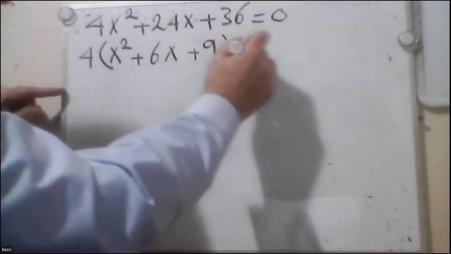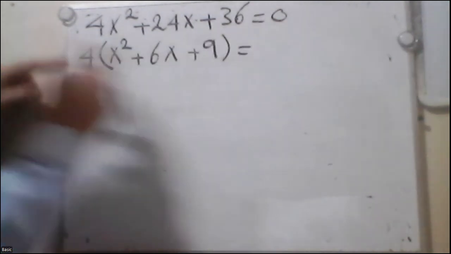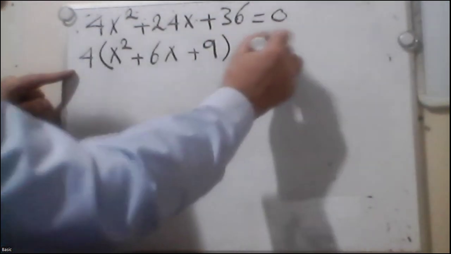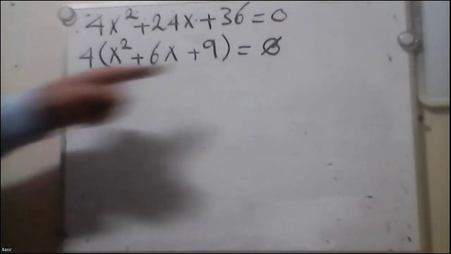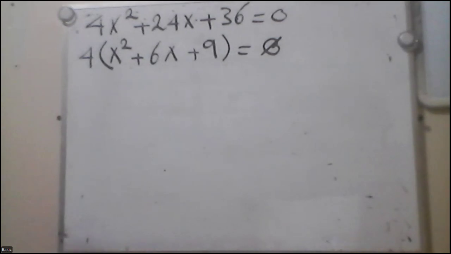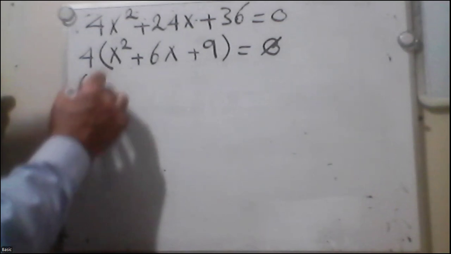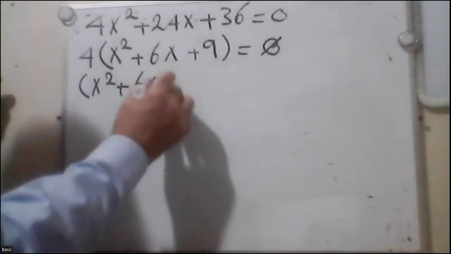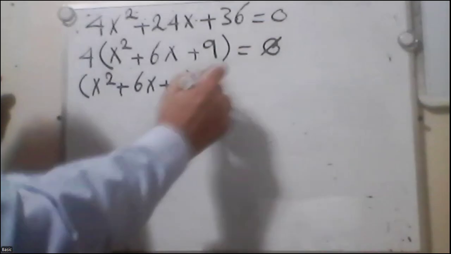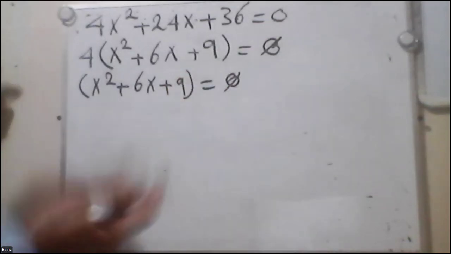Of course, 0 divided by 4 is 0 as well. So I can divide both sides by 4. 4 by 4 will be 1, we don't need to write the 1. So it will be x squared plus 6x plus 9, and 0 divided by 4 will be 0. Nothing changed.